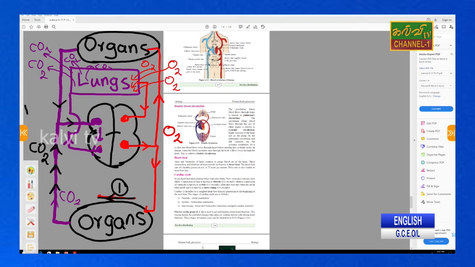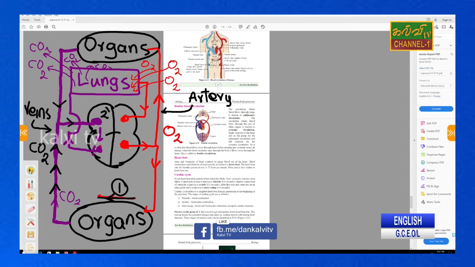These are veins, and these are arteries. So first is number 1, and second is here.